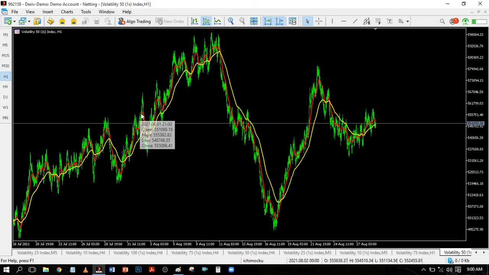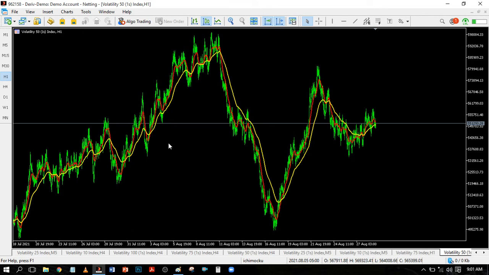So when this crosses down, it gives you a pullback, make sure that it pulls back and touches a support level. This gives you more confidence that this is a pullback and has also touched a support level. Definitely this should be moving in the up direction. So you can now do your analysis, then follow the trend.